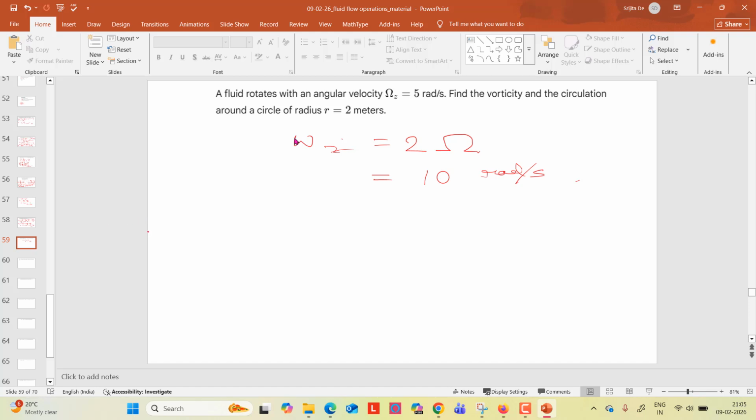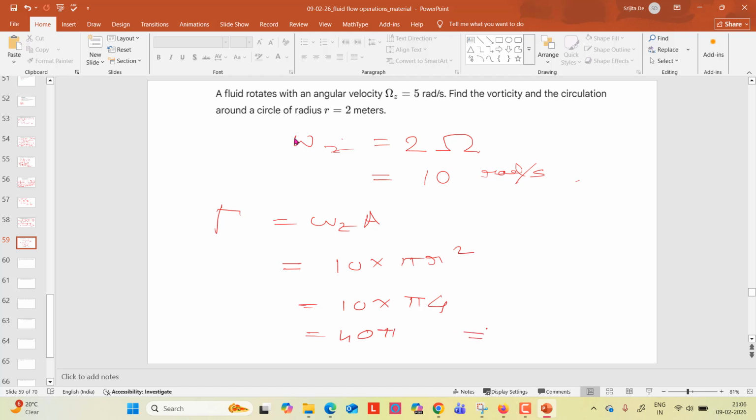Then the circulation is omega z into A. So for a circle of radius r it is 10 into pi r square. So this is 10 into pi 2 square, which is 4 pi, equals 40 pi.